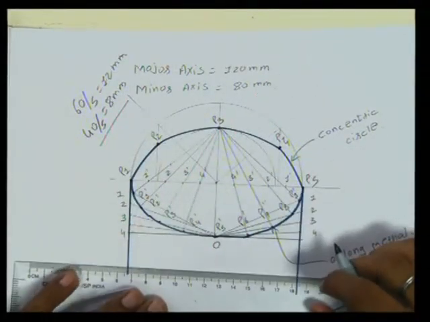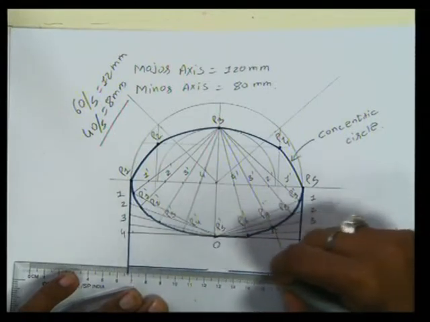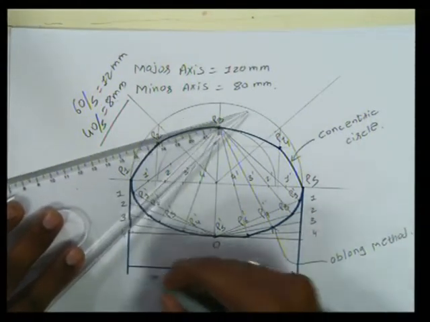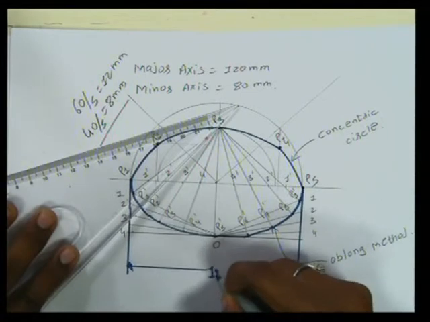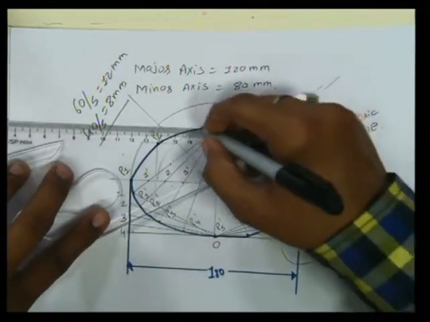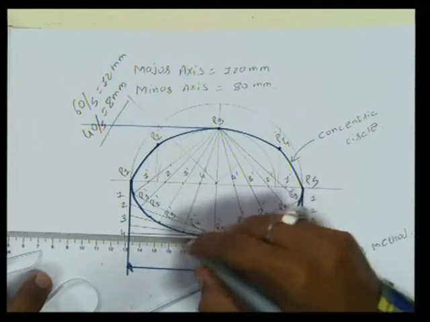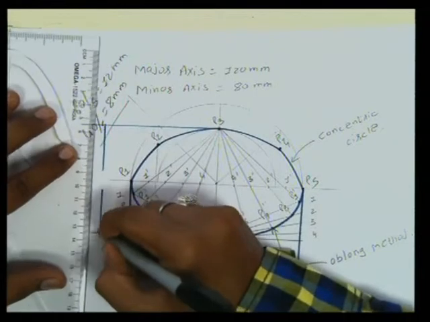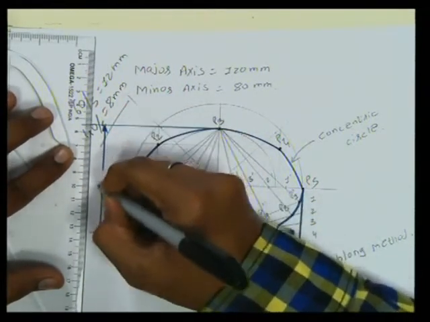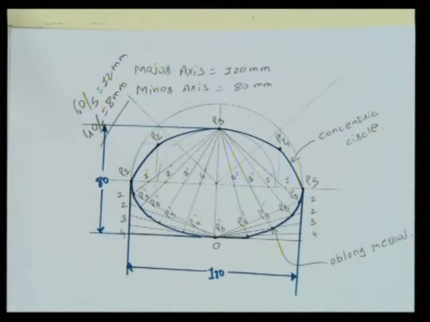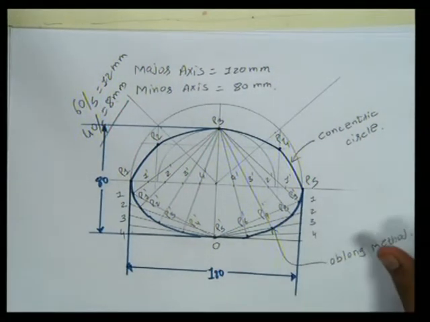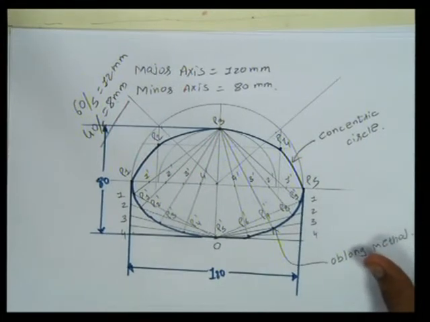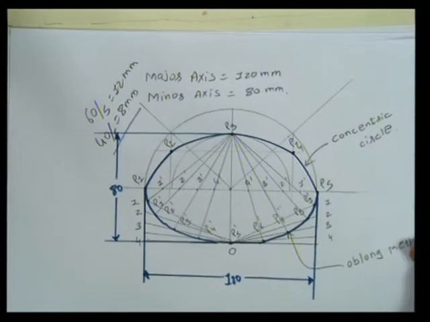We have achieved our major axis as 120 mm and we have achieved our minor axis as 80 mm. So this is how we can draw by two half methods. We'll see our next problem.